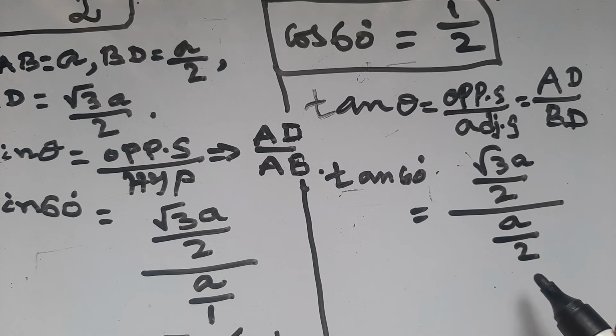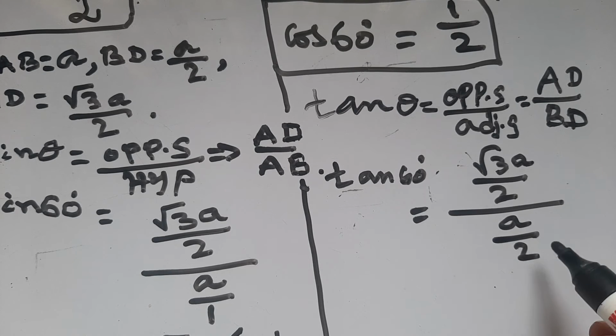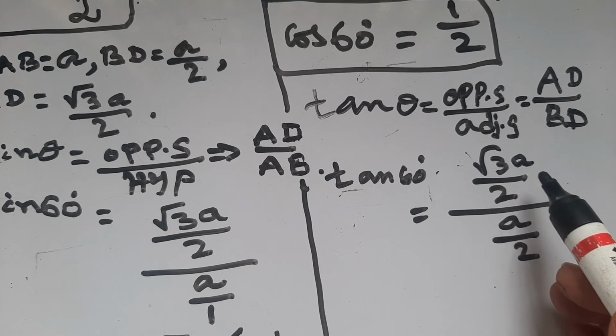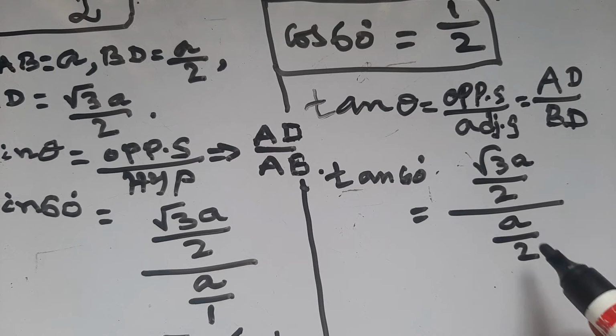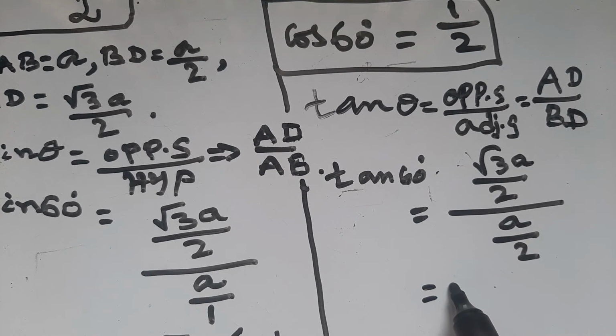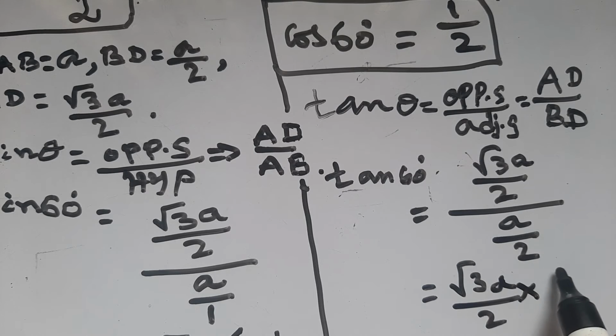Okay. Now, in this fraction the denominator A by 2 will shift to the numerator, it becomes 2 by A, the reciprocal of that fraction. So, therefore, you can write root 3A by 2 into 2 by A. Now A gets cancelled and 2 gets cancelled.